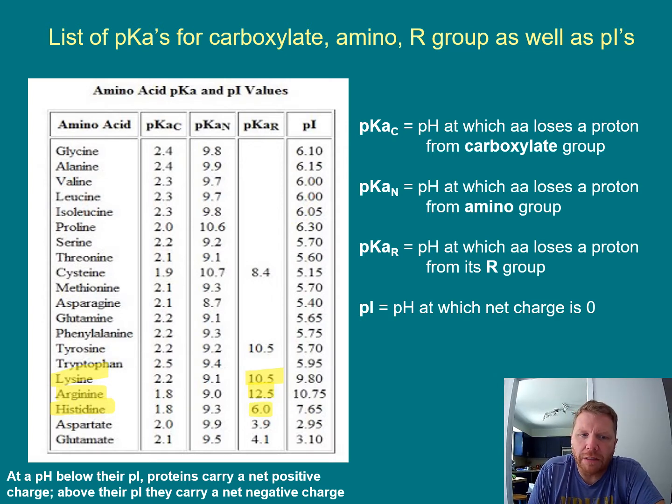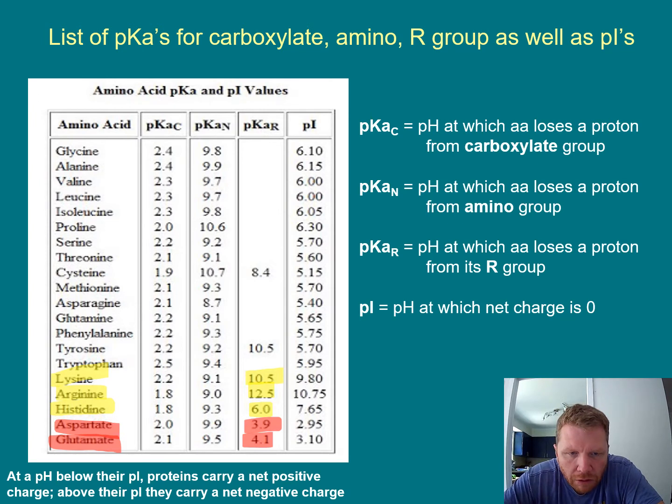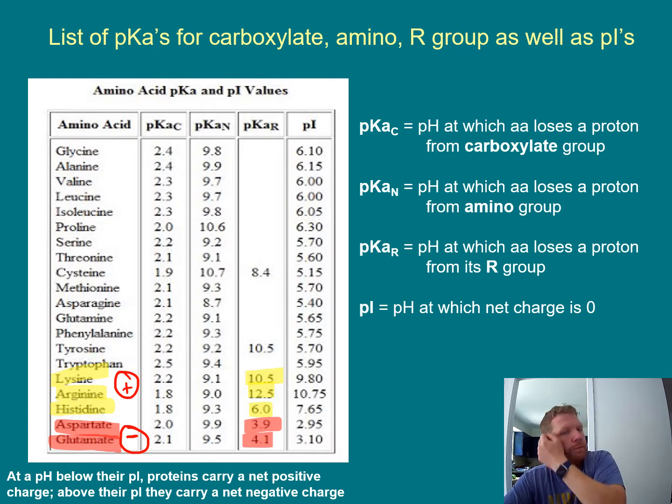The other amino acids, aspartate and glutamate, have pKa's for their R groups at 4.9 and 3.1. Those are our negatively charged residues, and these other ones are our positively charged residues. The negatively charged residues are deprotonated at a physiological or neutral pH, and the positively charged residues are positively charged at a physiological pH.